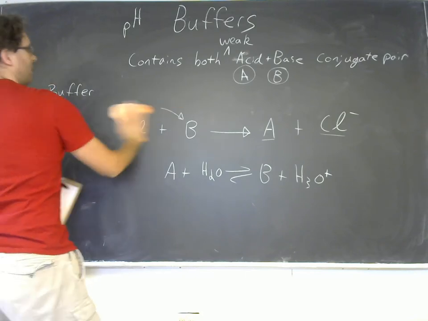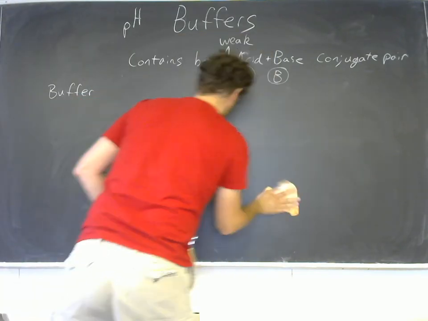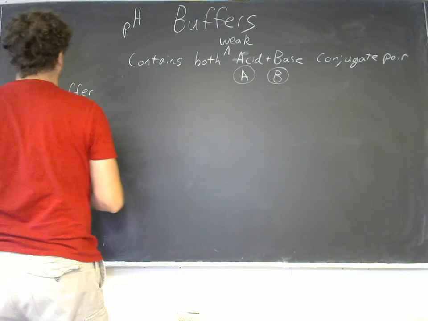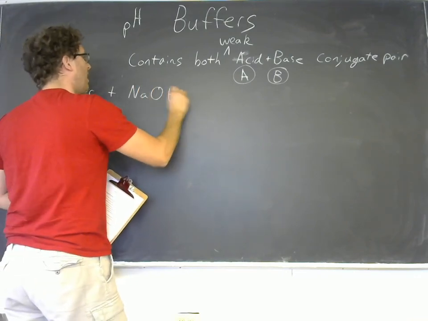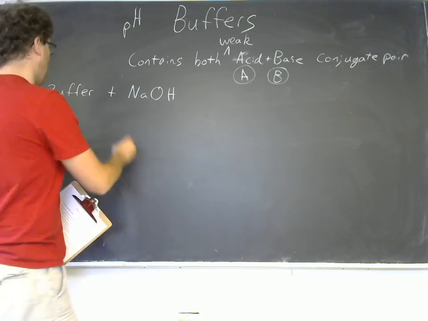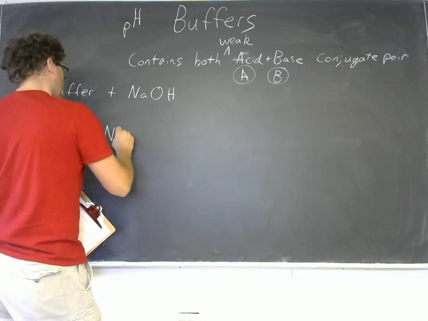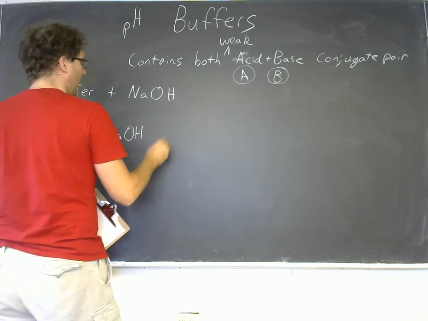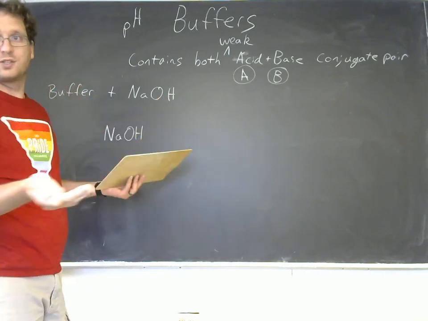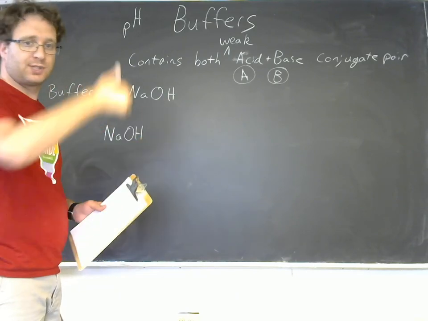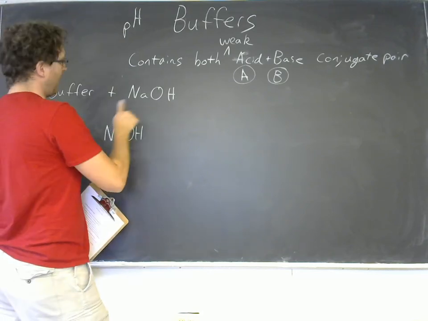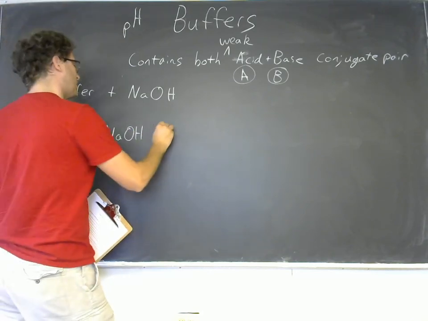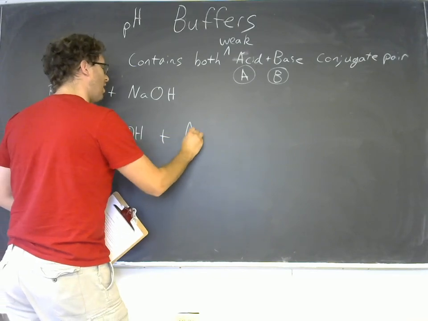Okay, what if we go the other way? What if we take a buffer plus a strong base, something like NaOH? What is the NaOH going to do? Well, the NaOH in water just produces hydroxide ions, and the pH will skyrocket up to basic values. But if I add NaOH to my buffer solution, it will react with the conjugate acid.